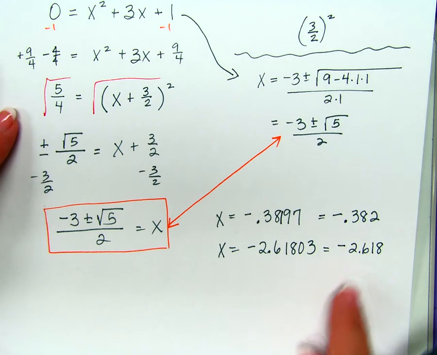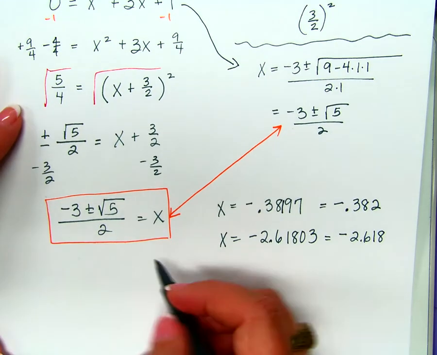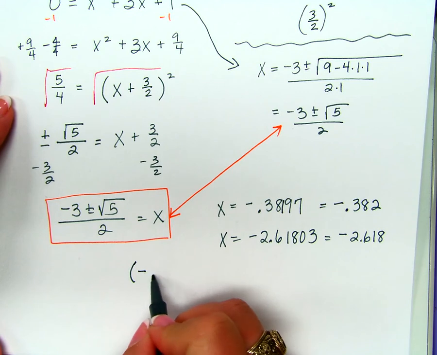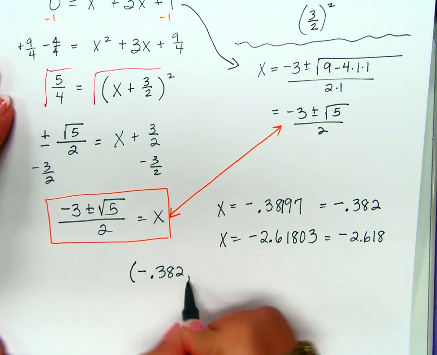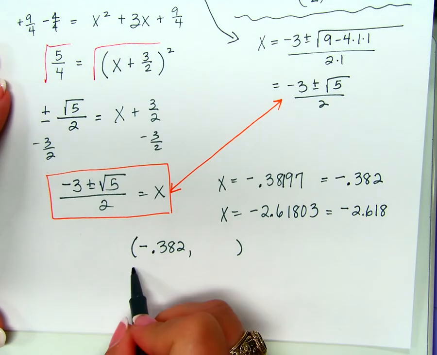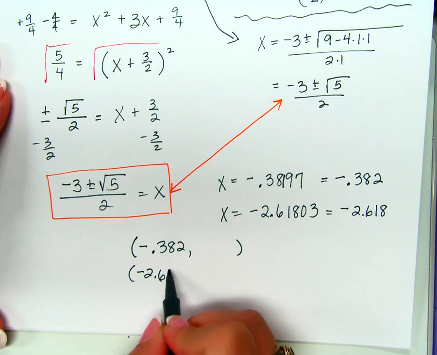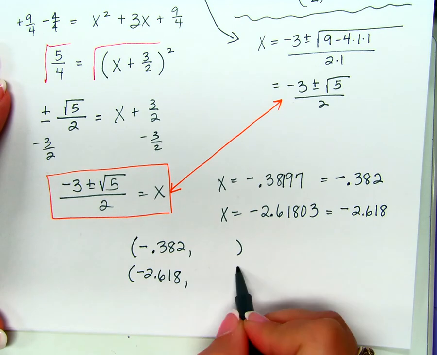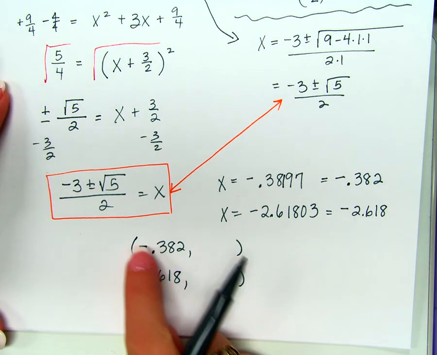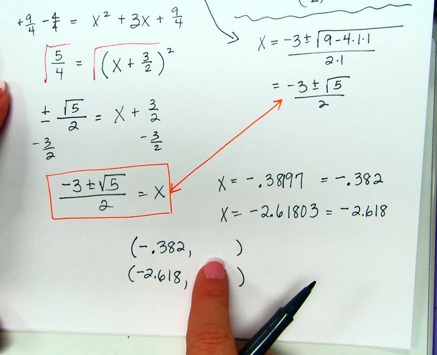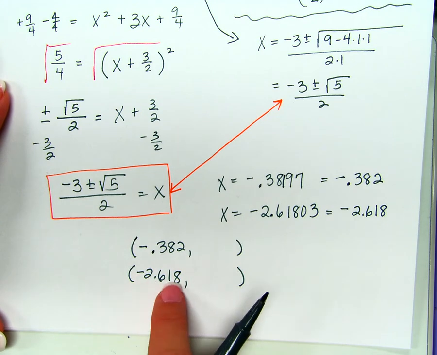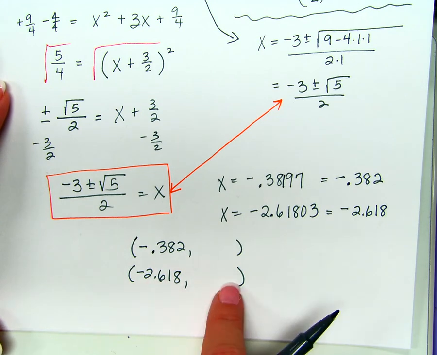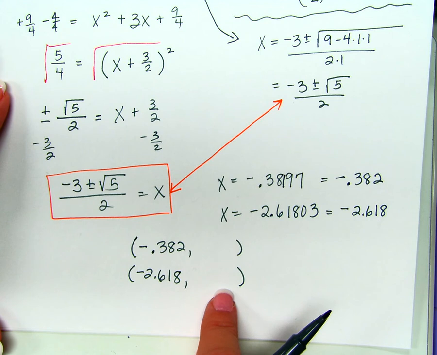But I do want you to be at least that exact. Fair? So that means I have 2 solutions, and one of them looks like this. And the other one looks like this. -0.382 comma something. -2.618 comma something. Guys, how do I find that something?